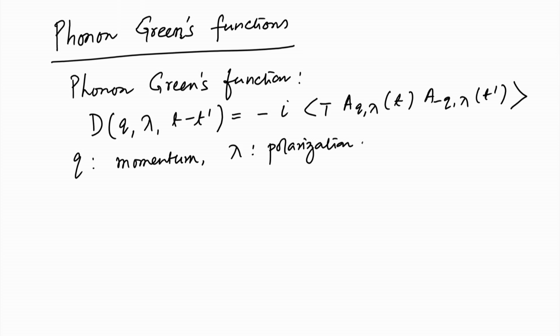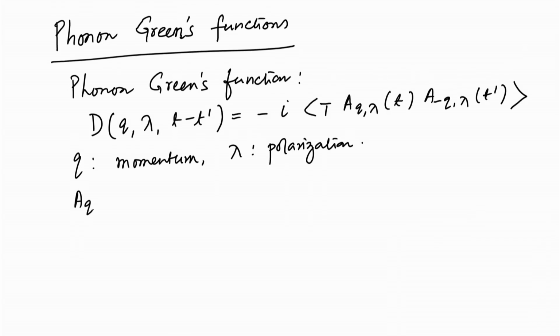Most of the interactions that we consider for the phonon system do not mix polarization. So, it is safe to get rid of this polarization index lambda, and the A q's without the polarization index are written as a q plus a minus q dagger.